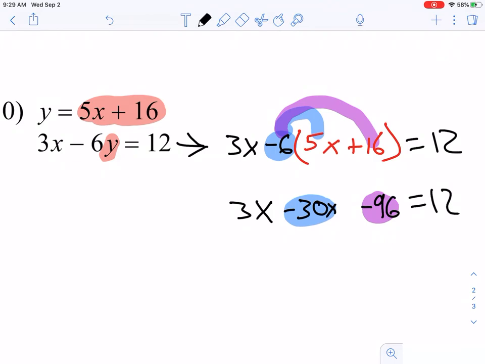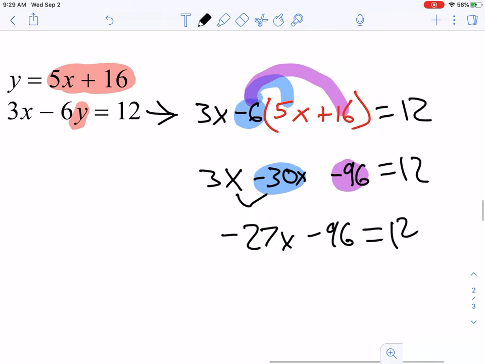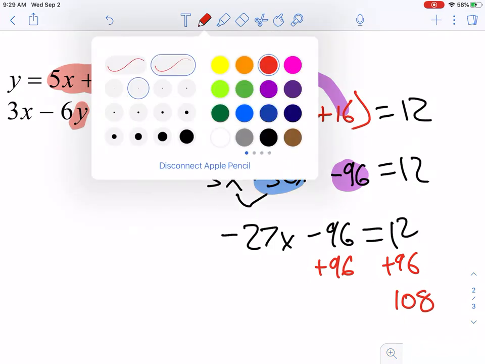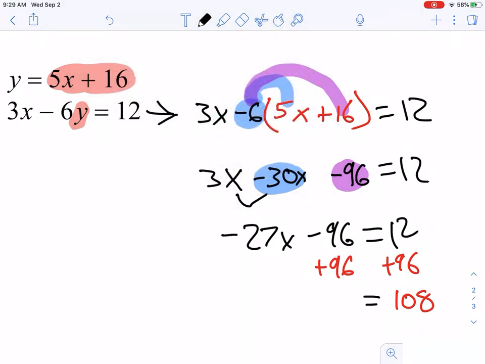Now I'm putting my like terms together, which would be these two, which is going to give me negative 27x minus 96 equals 12. Some big nasty numbers, but the process doesn't change. So I'm adding 96 to both sides. That's going to give me 108 equals negative 27x.